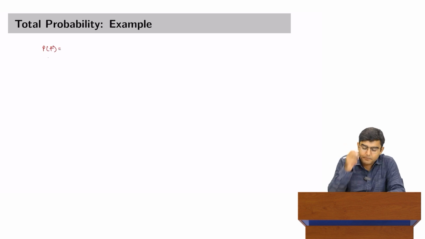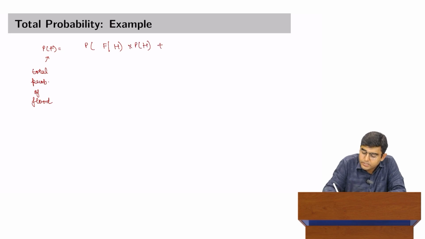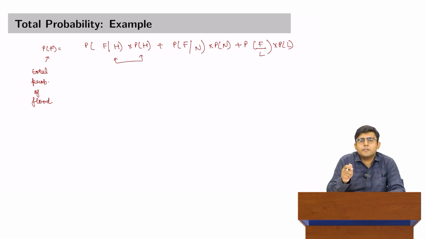Now, when we talk about this probability of flood, this is the total probability of flood. And it is conditioned on probability of flood given that there was a high snow event multiplied by probability of high snow, plus probability that there would be flood given that there was a normal snow event multiplied by probability of normal snow, plus probability of flood given there is a low snow multiplied by P of L. Now, when these things are happening in multiplication, they are acting as a modulating effect.